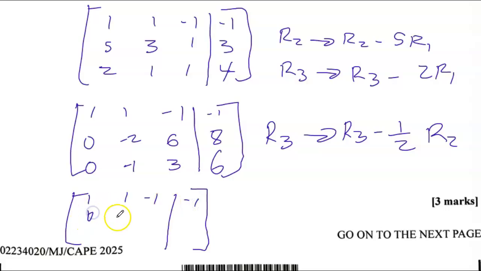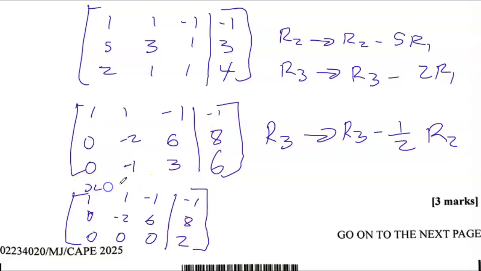So 0, minus 2, 6, 8. So row 3 is row 3 minus half of row 2. So 0 minus half of 0, that's 0. Negative 1 minus half of negative 2, that's negative 1 plus 1, 0. 3 minus half of 6, that's 3 minus 3, 0. And 6 minus half of 8, that's 6 minus 4, which is 2.